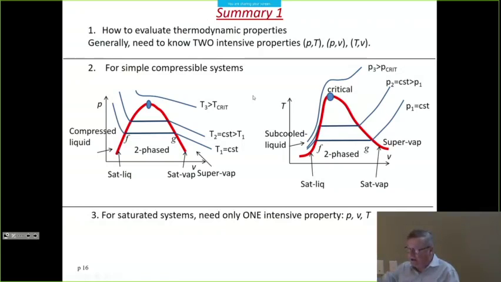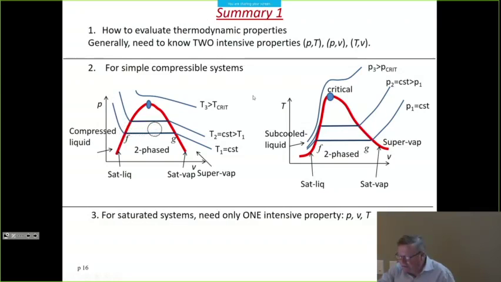First of all, if you're going to estimate the thermodynamic property of a state, you need, in general, two variables. For simple compressible systems, we have the incompressible state here, liquid and solids.